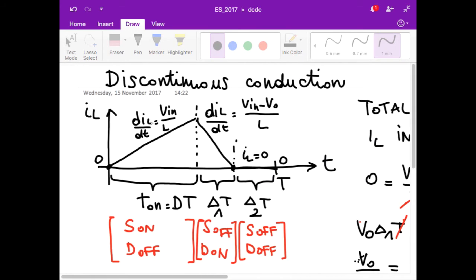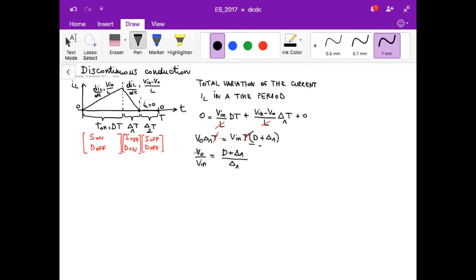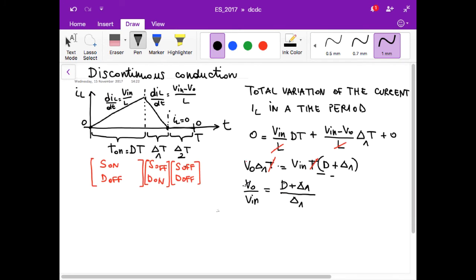And if we do this consideration, then we can write here V in times I in is equal to VO times IO, which implies that VO over V in is equal to I in over IO. And therefore, this quantity that we have written here can also be I in over IO.